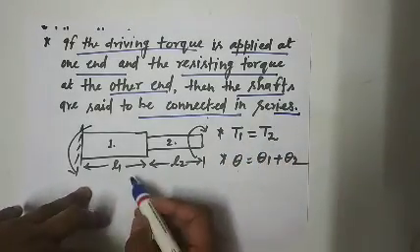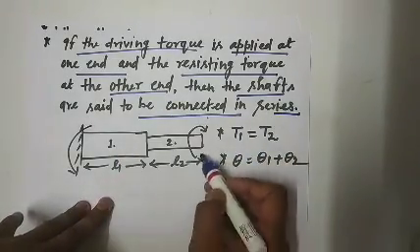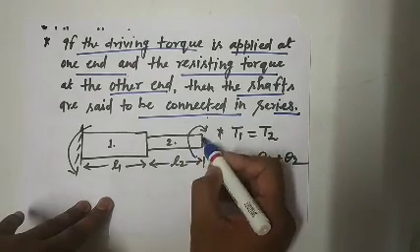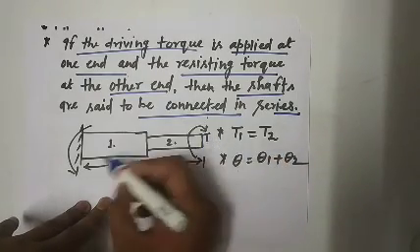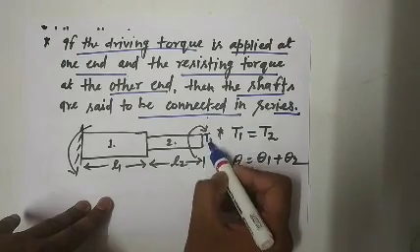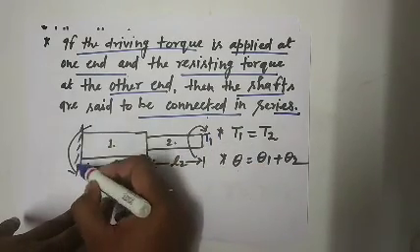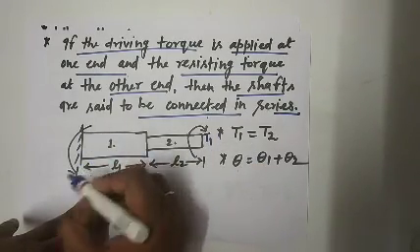Here, these are the two shafts. The driving torque is here, this is our driving torque T, and this is T1, and this is the resisting torque at the fixed end, T2.